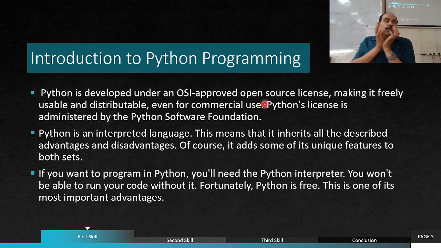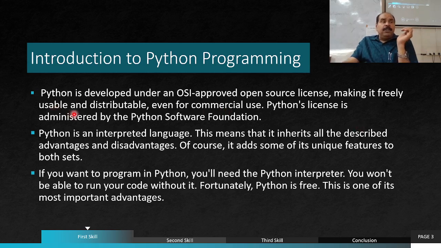OSI stands for open source. Open source is something where you don't need to pay any fees. You can use it commercially or however you like, and it is made freely usable and distributable even for commercial use. So Python is open source in the sense that it is free to use, distribute, for commercial purposes, everything.